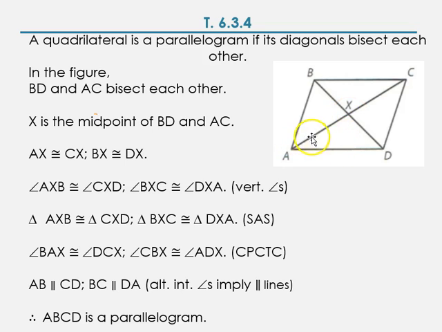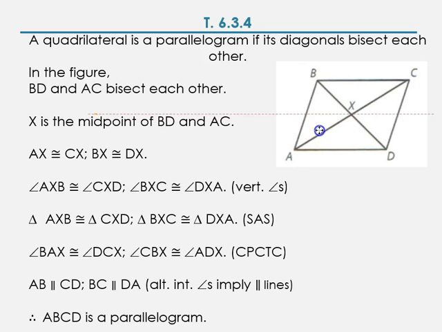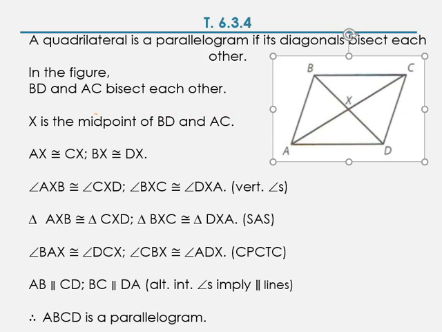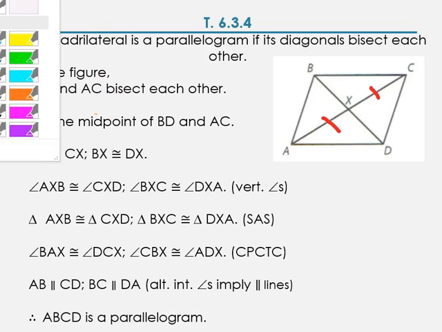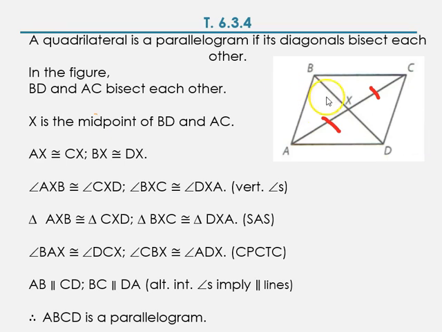This creates a situation where AX is congruent to CX, and BX is congruent to DX.